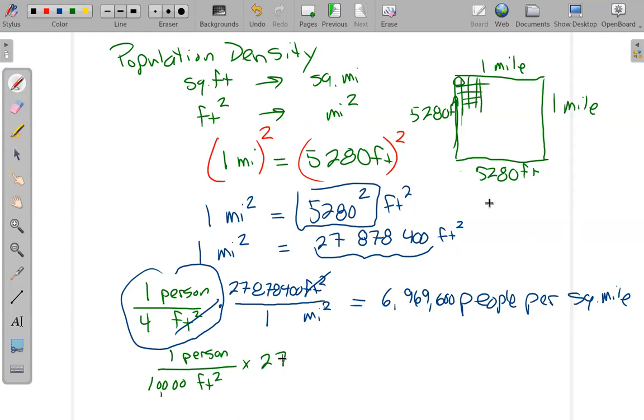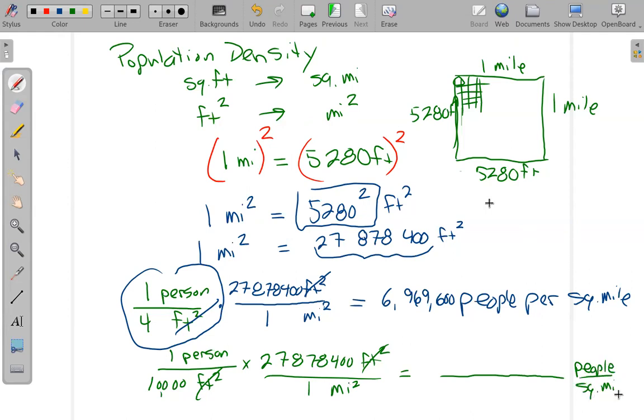There are 27,878,400 feet squared in every mile squared or square mile. Again, that does our conversion. And then we can make that calculation, fill in the blank to get people per square mile for this situation.